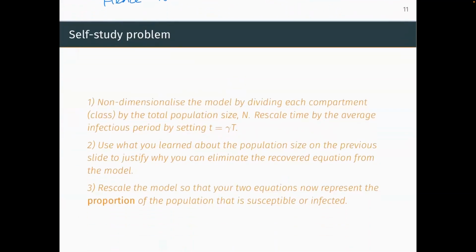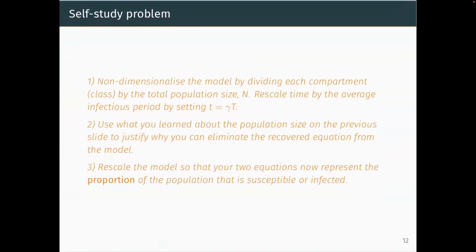I wasn't sure how quickly I'd go through some of these things, so I set this up as a self-study problem, but I think you guys can have a go at this now if you'd like to. Have a go first of all non-dimensionalizing the model by dividing each compartment by the total population size N. So we know that N is a constant now. If it's not varying, we don't need to treat it as a variable. We can treat it as a parameter.